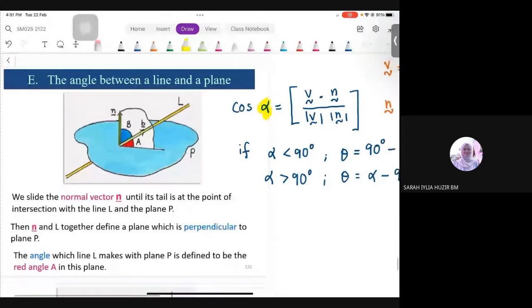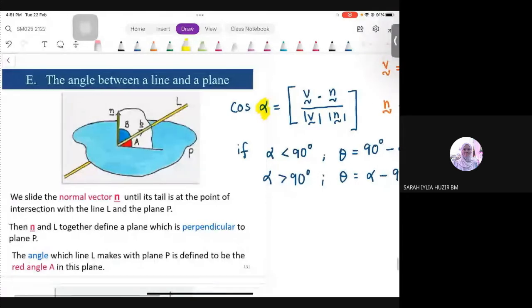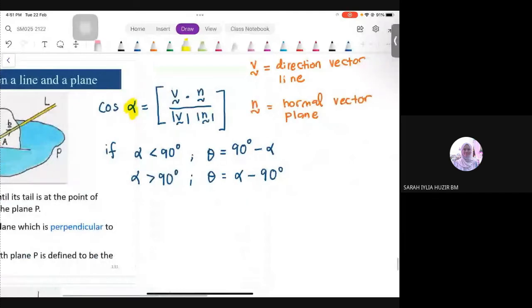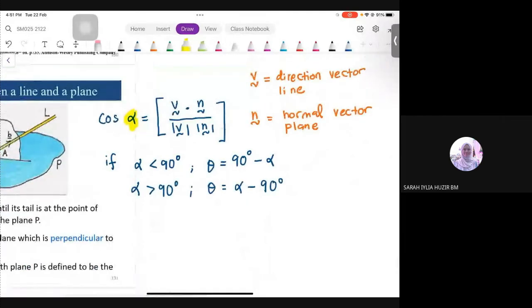After performing the dot product divided by its magnitude, if our alpha is less than 90 degrees, then the angle theta between the line and plane would be 90 degrees minus alpha. In case our alpha is an obtuse angle, more than 90 degrees, to find the angle theta we must perform alpha minus 90 degrees.